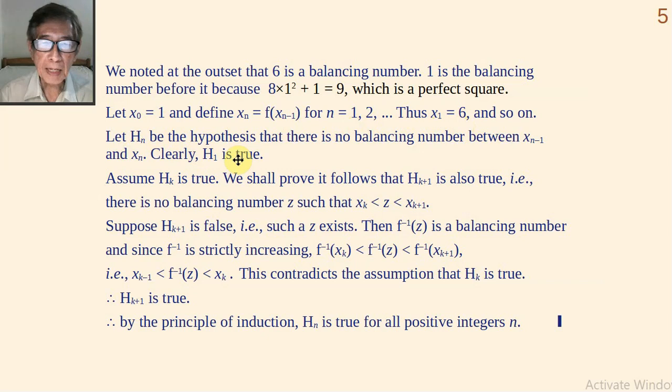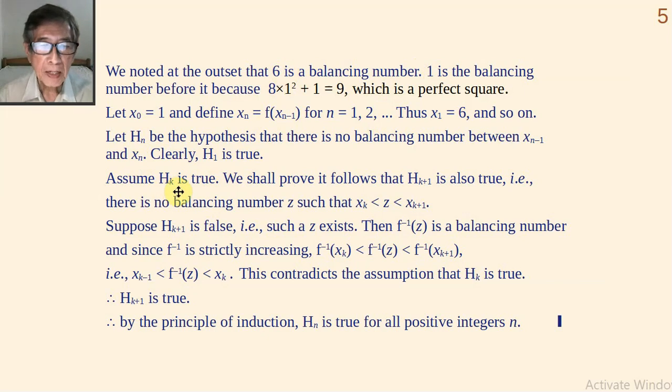Let Hn be the hypothesis that there is no balancing number between xn minus 1 and xn. Clearly, H1 is true because H1 is saying that there's no balancing number between x0 and x1. And we know that there's no balancing number between 1 and 6.